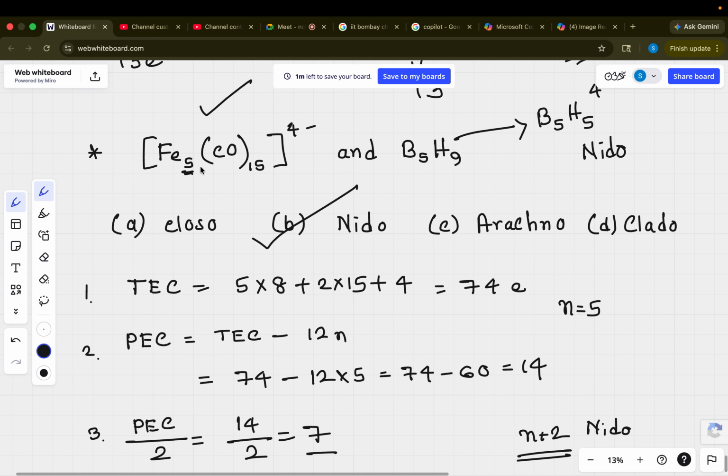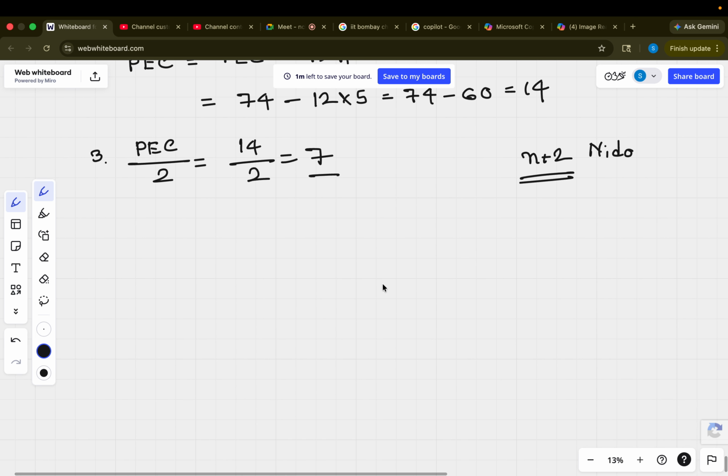And if a transition metal fragment or transition metal complex is becoming nido or closo with the same main group element, then they are becoming what? Isolobal.